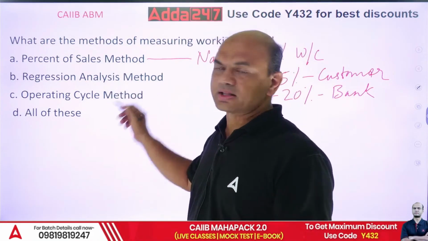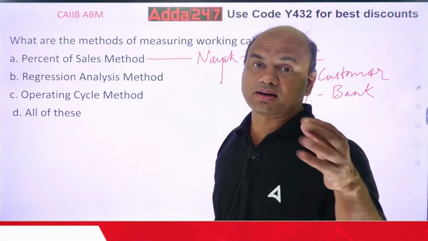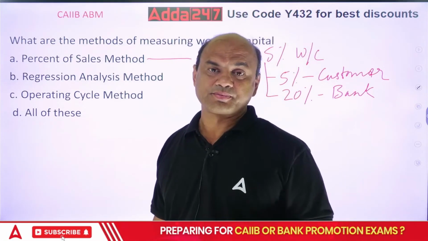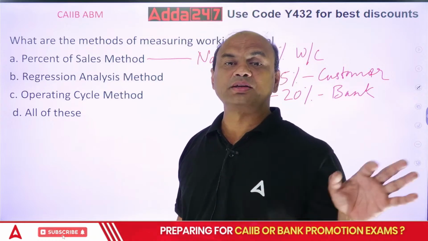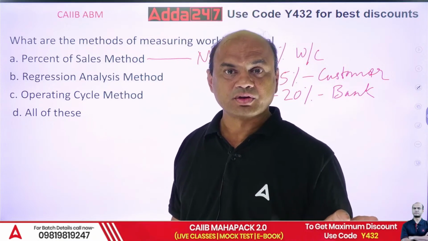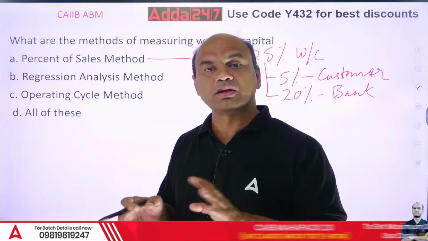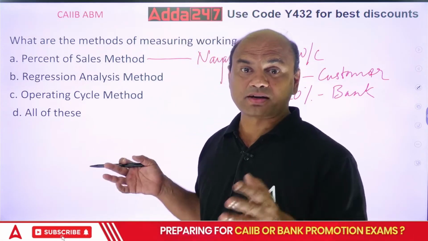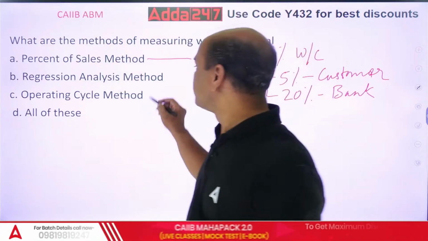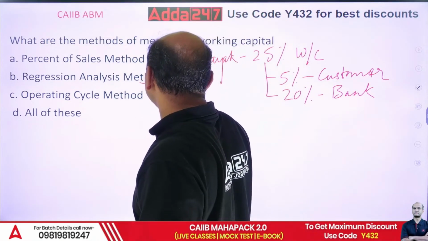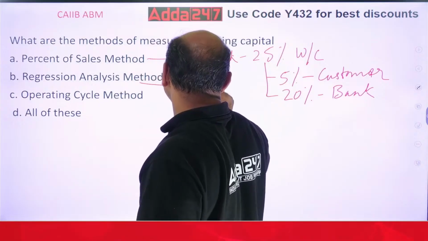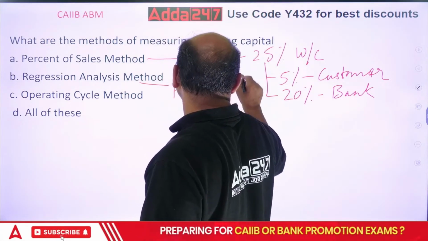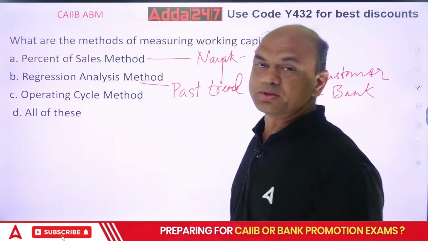Second is regression analysis. Regression means past trend. In the last 7 years, what was my sales? This year also the same trend will continue. This is generally useful for investors.